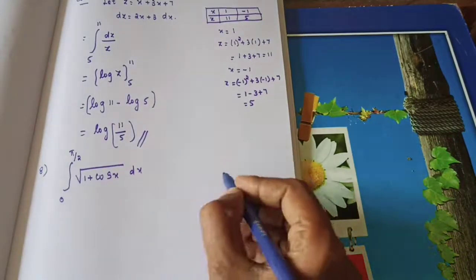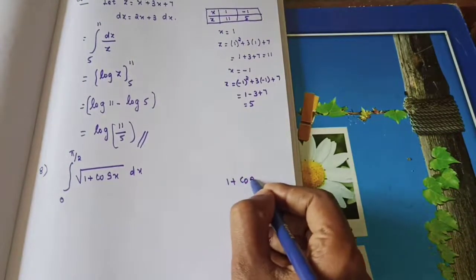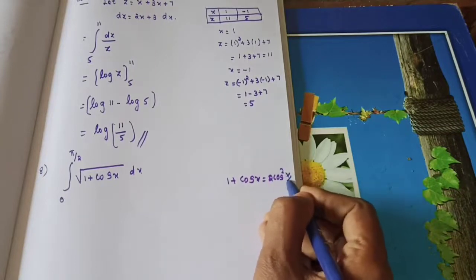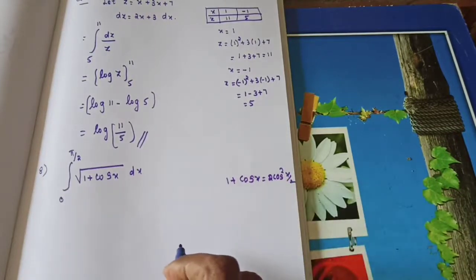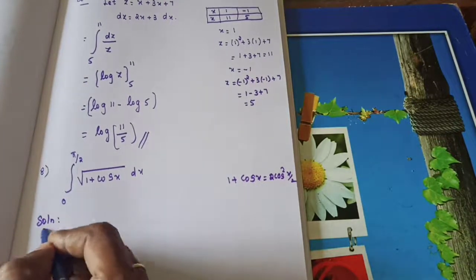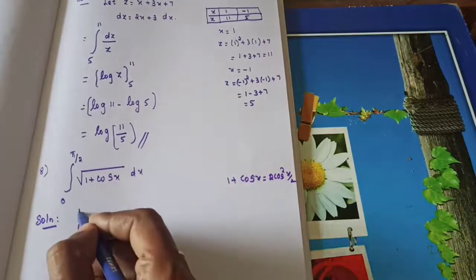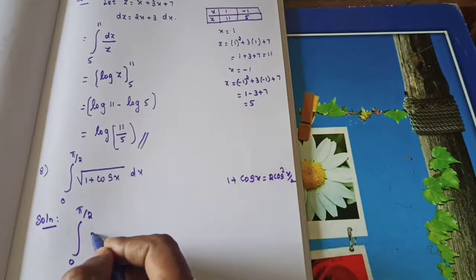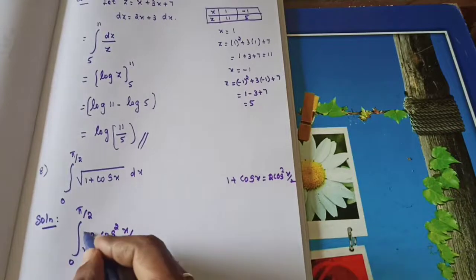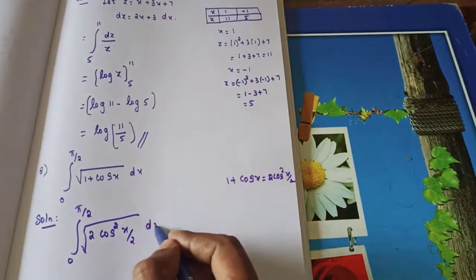Okay. So we have learned one formula, that is 1 plus cos x is equal to 2 cos square x by 2. You have learned already. So we are going to use this one here. Okay. Solution. Integral of 0 to pi by 2. What's the formula? 2 cos square x by 2. Square root is there. Dx. Okay.